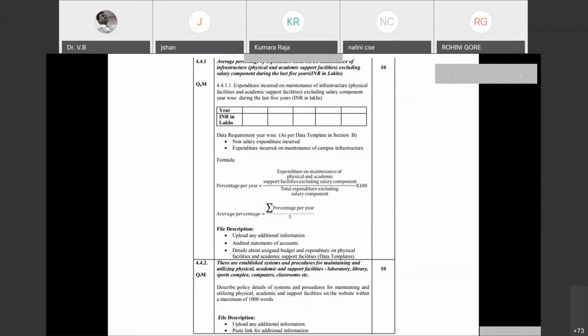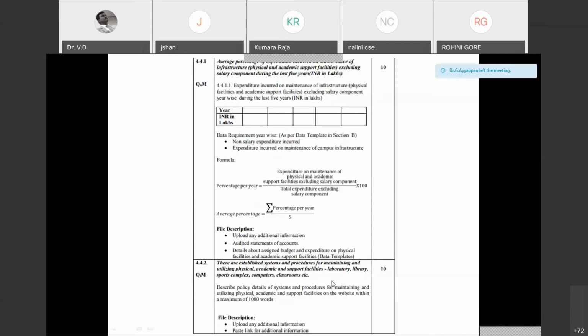We have to clearly specify that split up, and the corresponding department should also know that their building was painted at this time and this much amount of money was spent on that. And remember, it is a quantitative metric, which means a data template is there, and very obviously, since it is financial, this amount should be reflected in your audit statement.